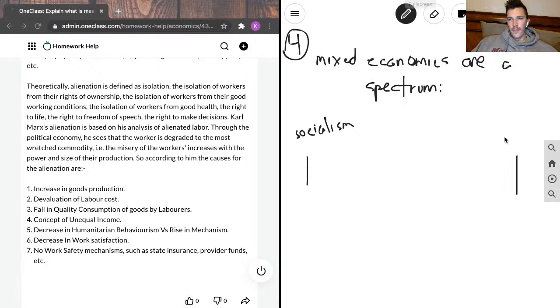On the other, we've got like capitalism, where everything is privately owned and operated.